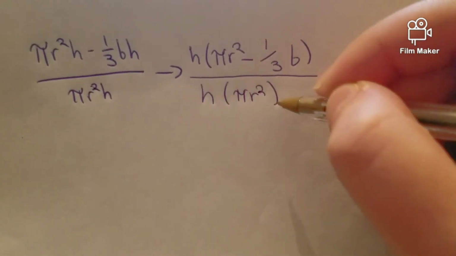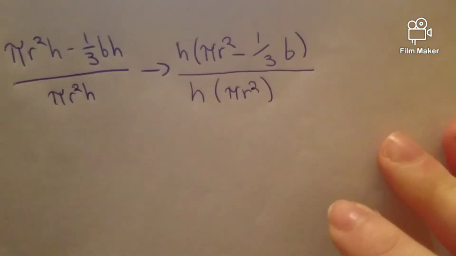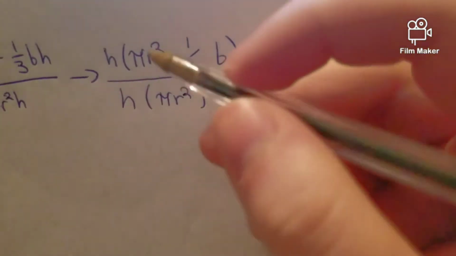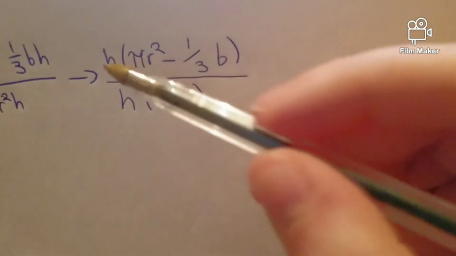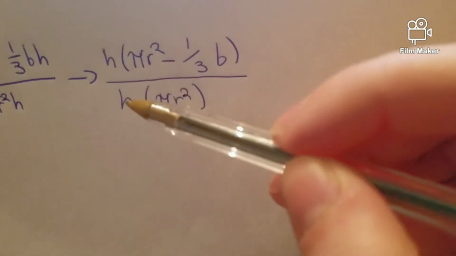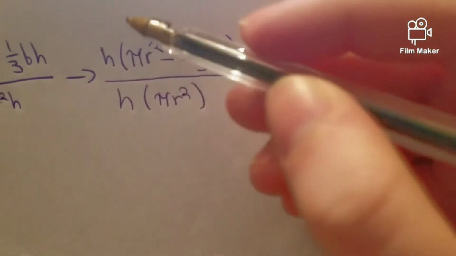Since we have taken out the h, we are able to simplify it, and we're only able to simplify it because it is common on the top as well as the bottom.